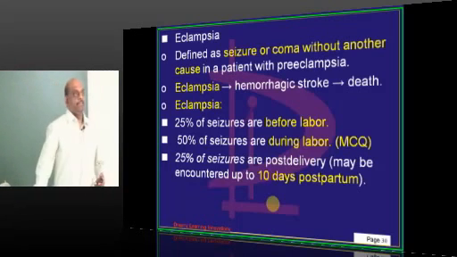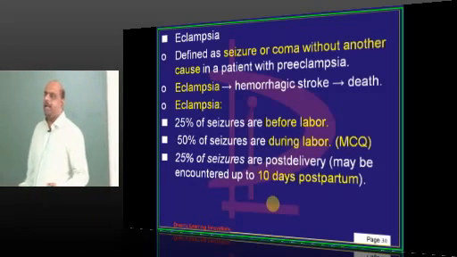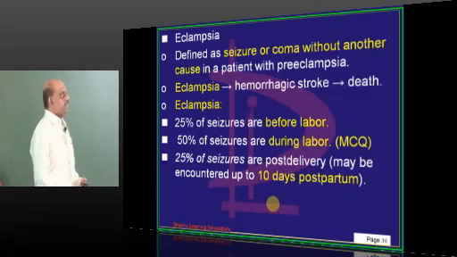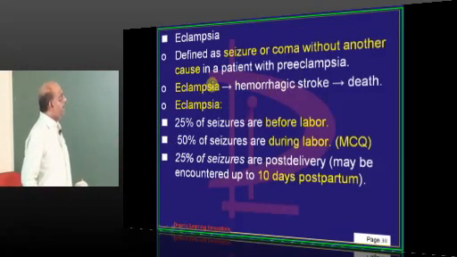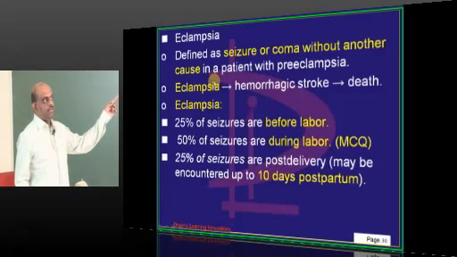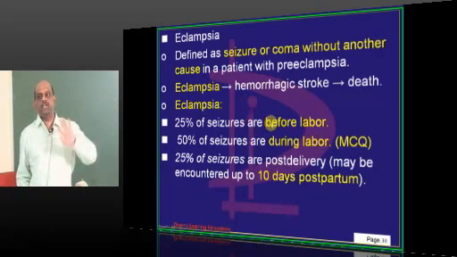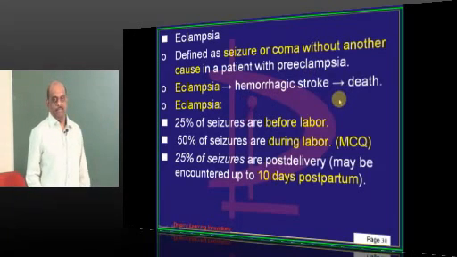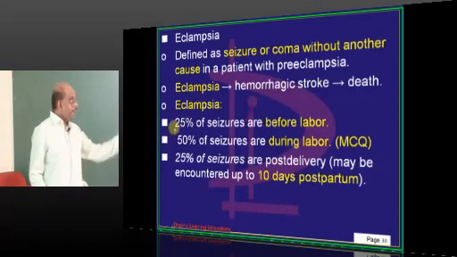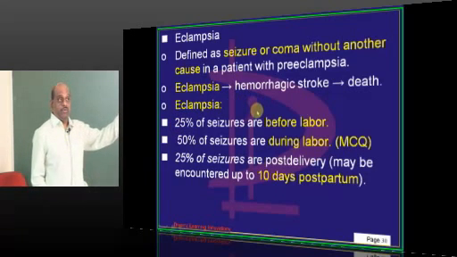Now eclampsia. Eclampsia is associated with seizure or coma, and there should not be any other reason which can explain them in a patient who is having preeclampsia. So eclampsia can ultimately lead to seizures if they are not well controlled.